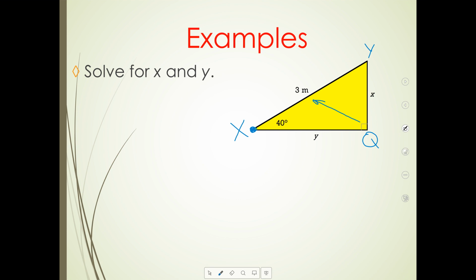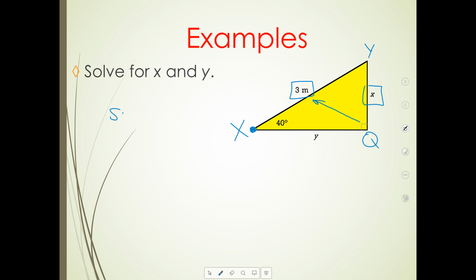Is the X the opposite side or the adjacent? Opposite. Beautiful. So to solve for X, I'm using the hypotenuse and the opposite side. Which function uses the hypotenuse and the opposite side? Sine. Correct.